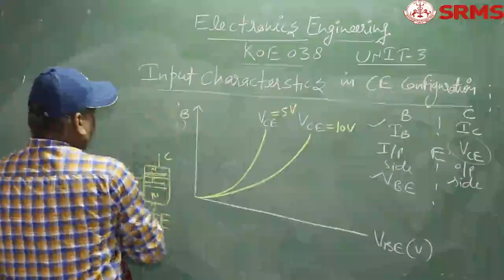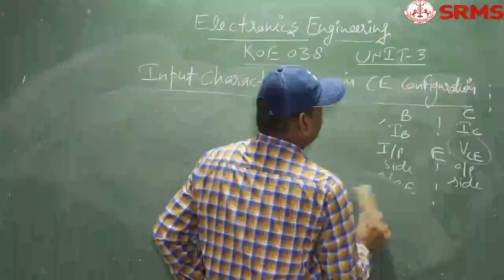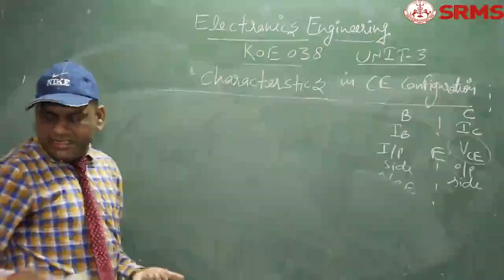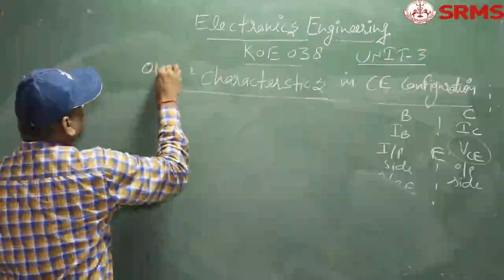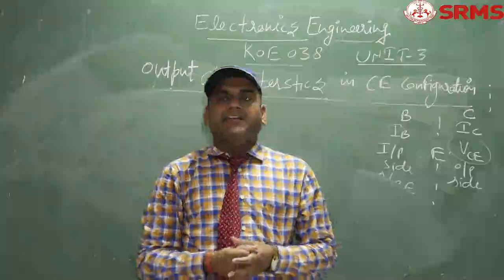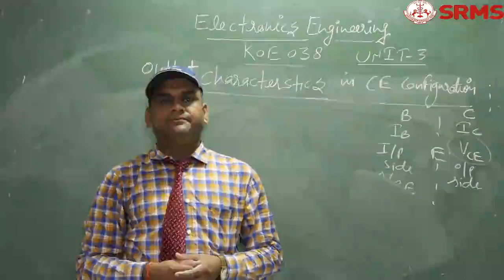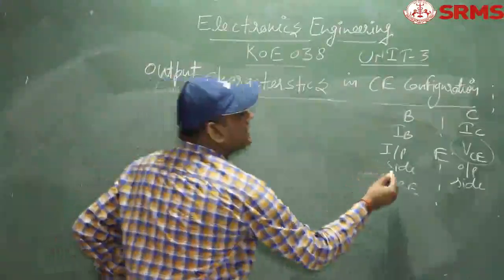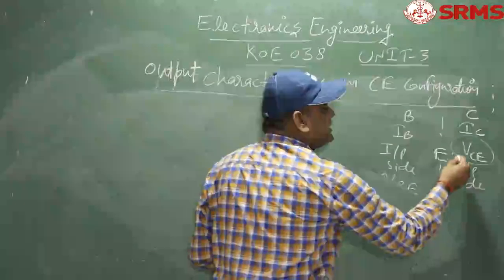Now we will discuss the output characteristic. The output characteristic of a transistor is plotted between the output voltage and output current. So here, as you can see, the output current is IC and the output voltage is VCE.